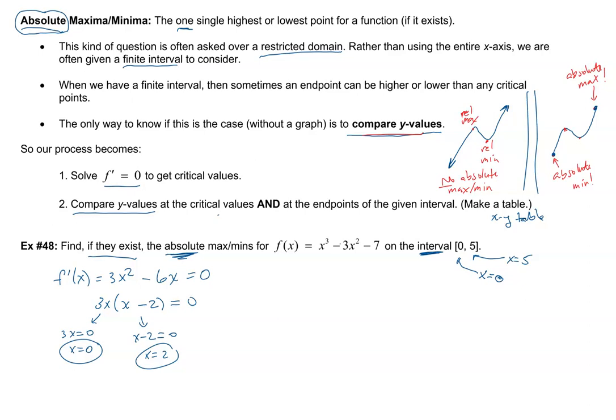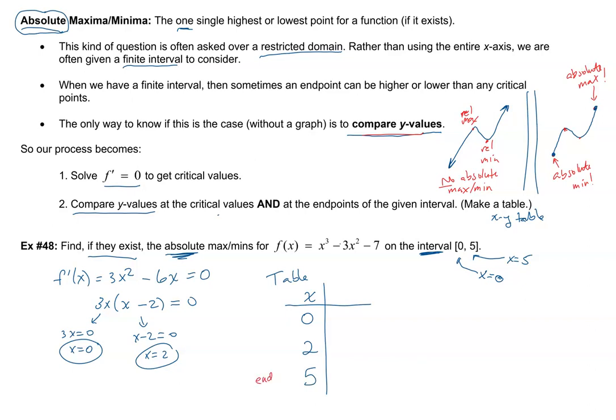Those are both in the interval. 0 is just barely in there. We have a closed bracket, so 0 is part of it. And then 5 is the other endpoint. So here's my table. I'm going to plug in both of these values, 0 and 2, and also include the other endpoint. So it's the critical values and the endpoints.